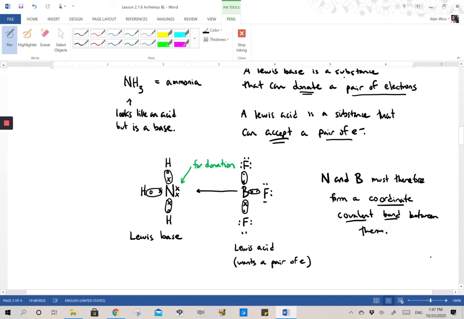So what we see happening is that interactions between Lewis acids and Lewis bases generally form a coordinate covalent bond.